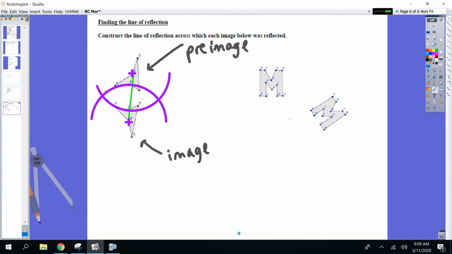And a line of reflection, not a segment, a line of reflection. That's not bad at all. That's why it's nice to know, hey, the line of reflection is a perpendicular bisector.